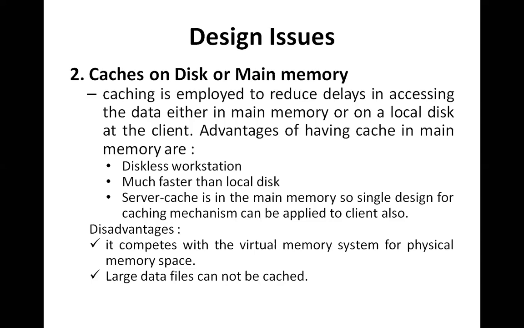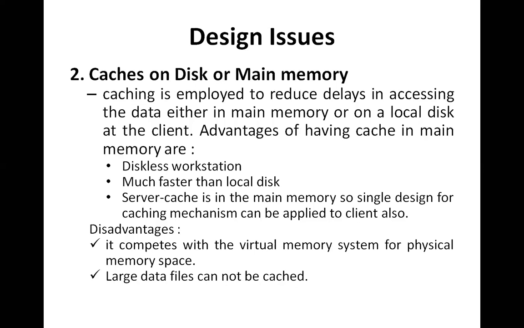In file caching, the copy of the stored data which is available at the remote file server is brought to the client whenever the client requests it, and subsequent access of the data is performed locally by the client. So once it is available at the client, it can be successively accessed by the client itself.